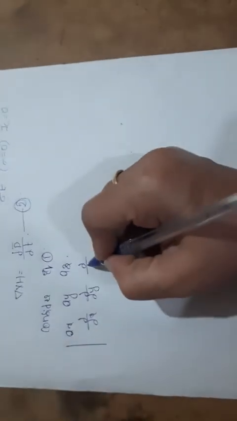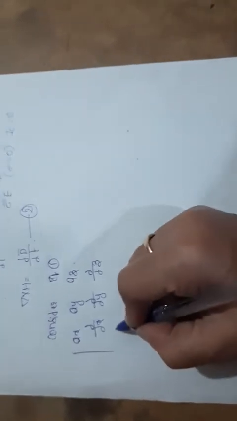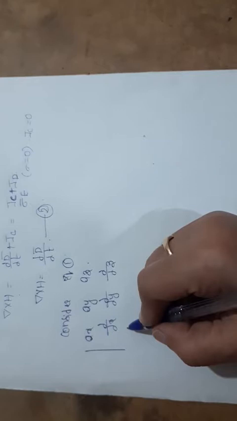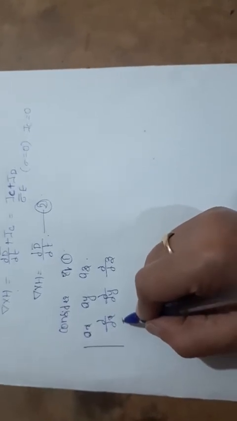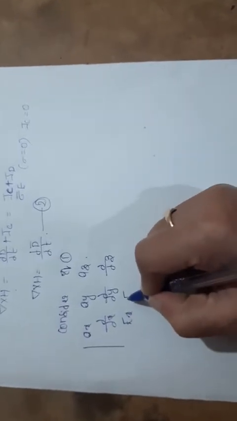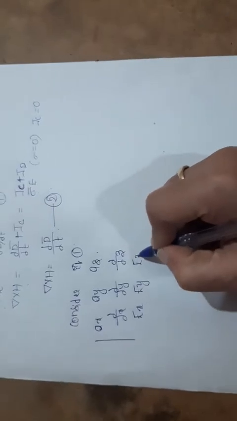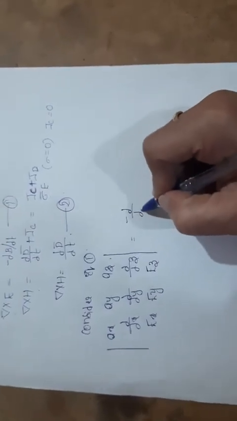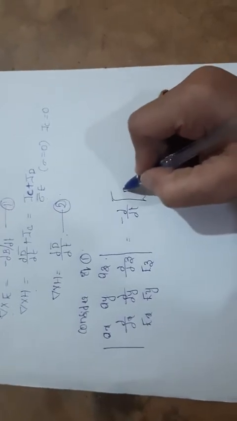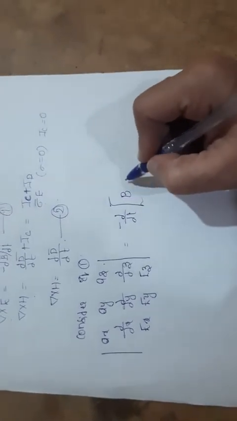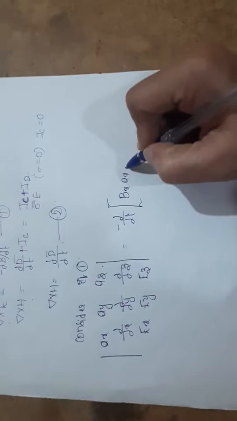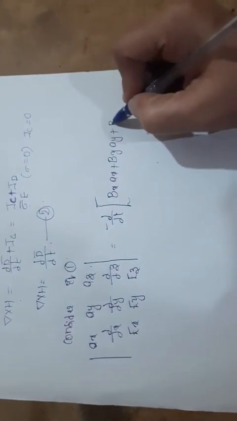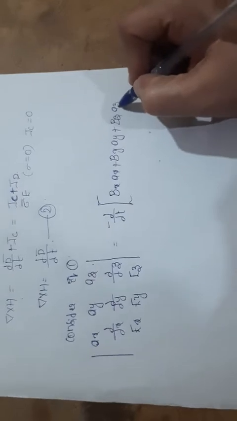Dou x, dou y, dou z, then Ex, Ey, Ez is equal to minus dou by dou t of the components along x direction, y direction and z direction.